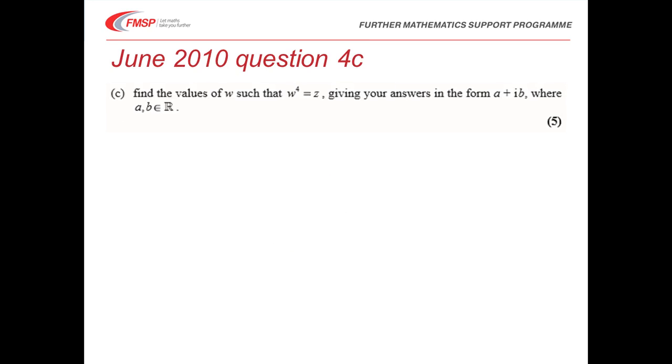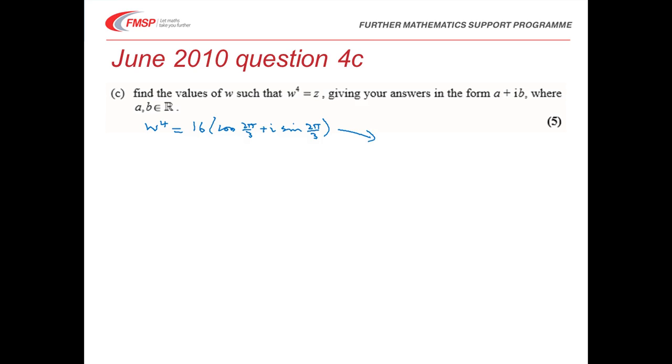In this part of the question, we're going to start with w to the power 4 is again z in modulus argument form. Except this time we need to make an adjustment to the argument.